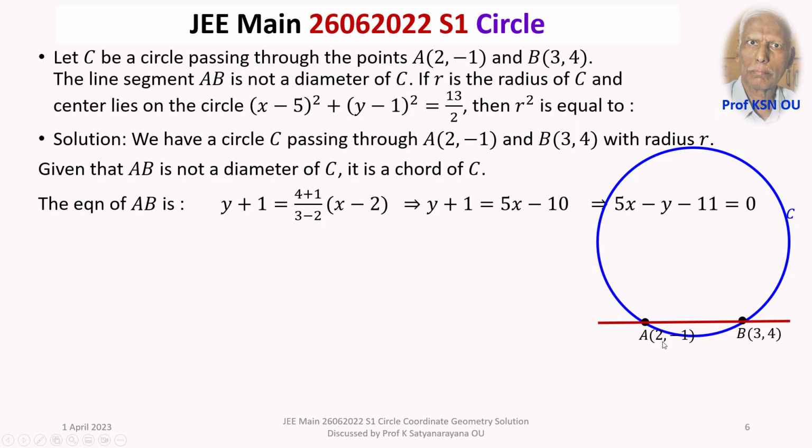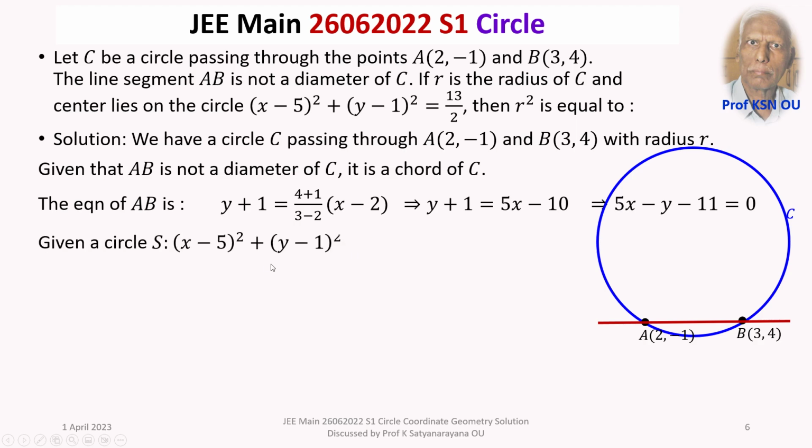Now substituting x1 is equal to 2, y1 is equal to -1, x2 is equal to 3, y2 is equal to 4, we get this, and on simplification we get the equation of the line segment as 5x minus y minus 11 is equal to 0.